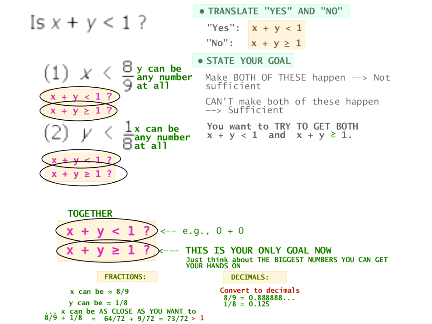So if you just pick numbers that are very, very close to these, like x is 0.888 and y is 0.124, then x plus y is more than 1. So you can get these, and that is E overall, E like elephant.